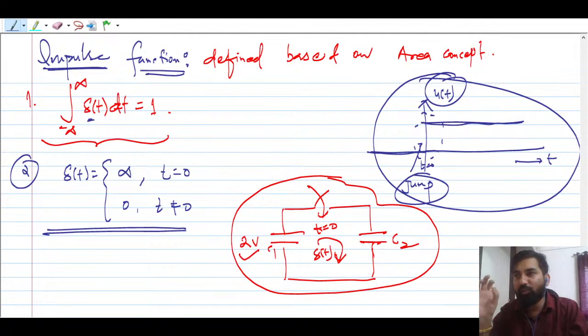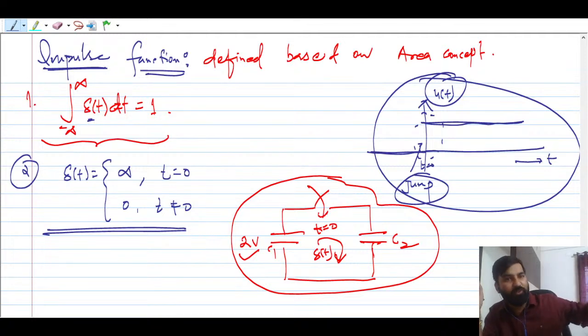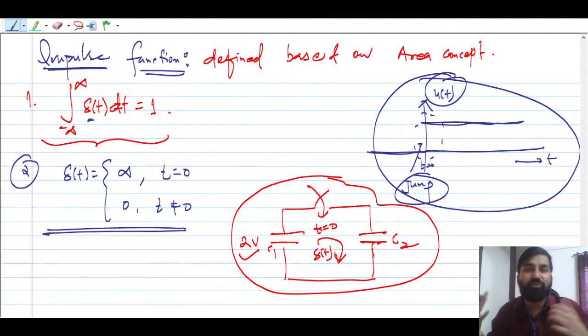You have to look at the signal at the impulse instant. Suppose the impulse is standing at t equal to 0, you have to look at the value of x of t at t equal to 0. This is how you can sample. So for sampling purposes, we use the impulse function. There are many applications you can come across in communication systems as well as everywhere. So this is one of the very important things.